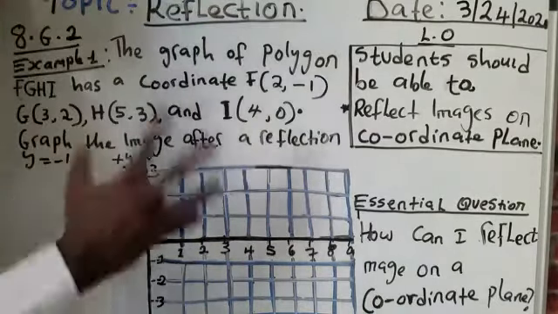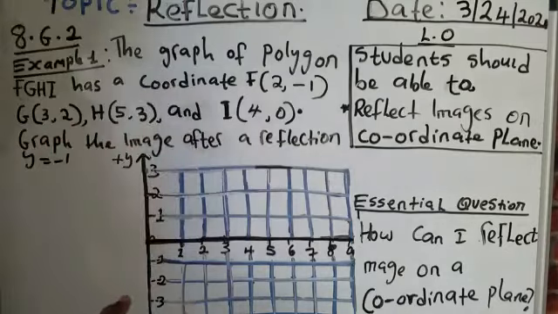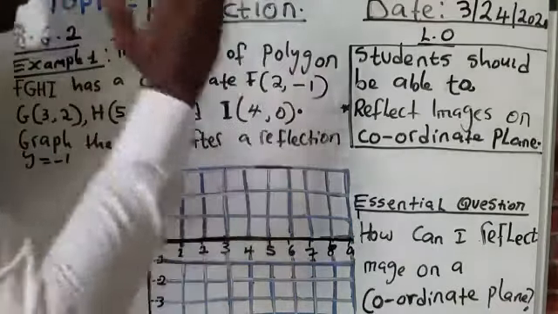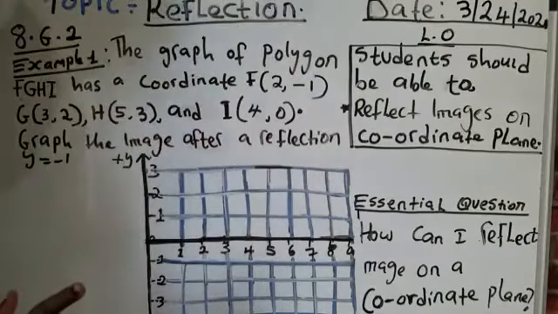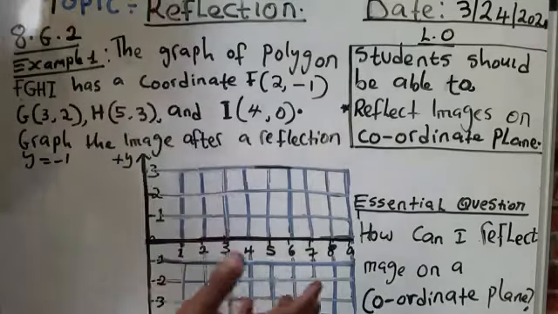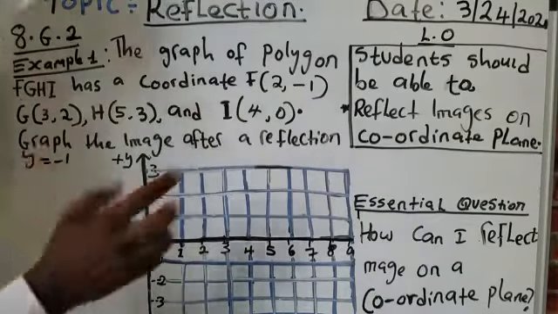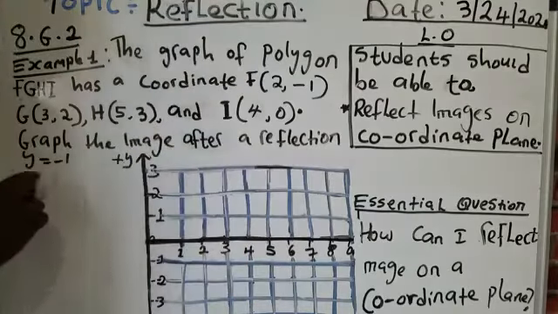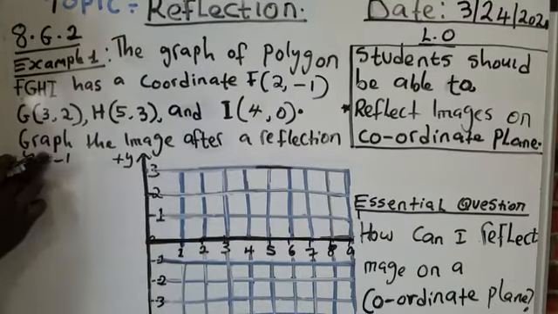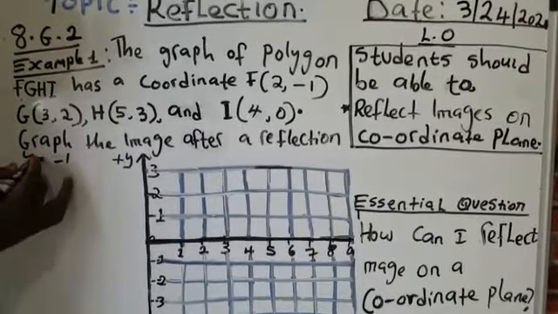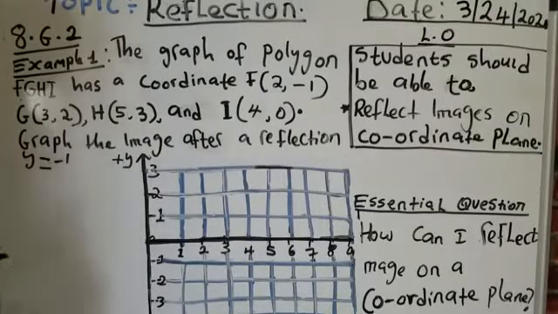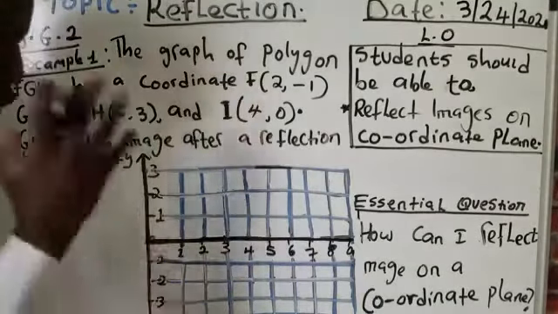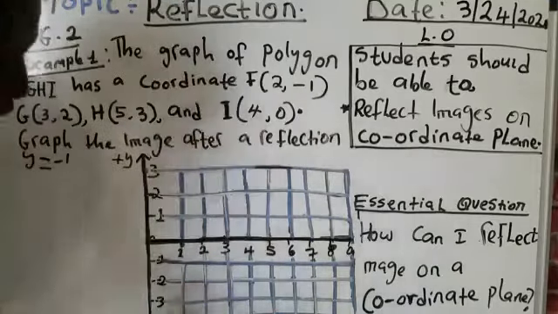Before you start answering your questions, you must make sure you read properly to understand the instruction given. What is the instruction here? The instruction is graph the image after a reflection y is equal to what? -1. So, the first thing you're going to do is locate the line y = -1.